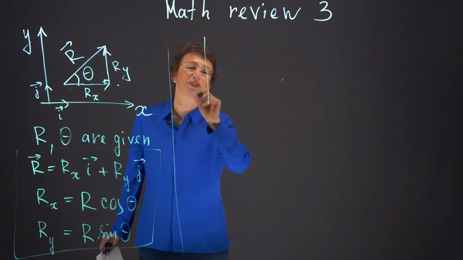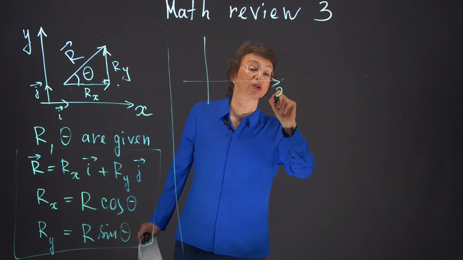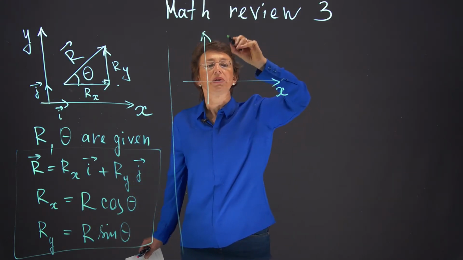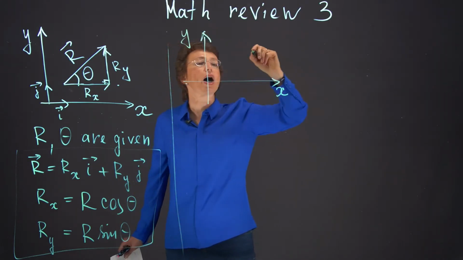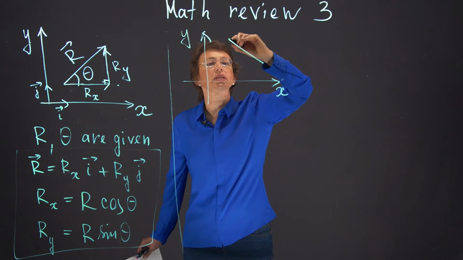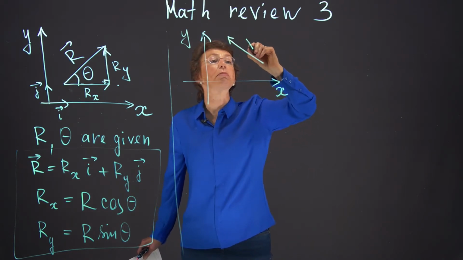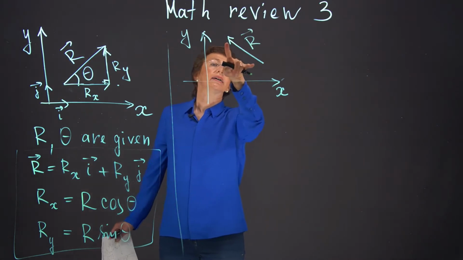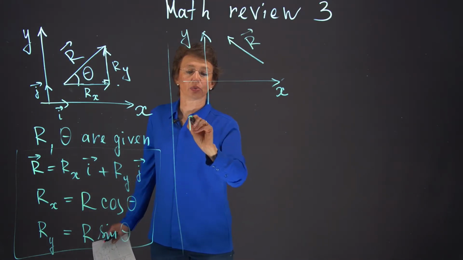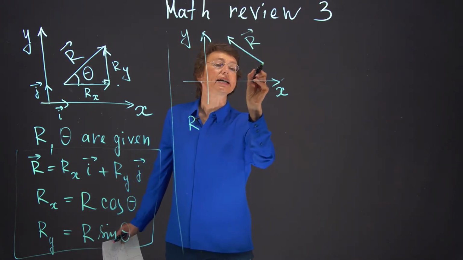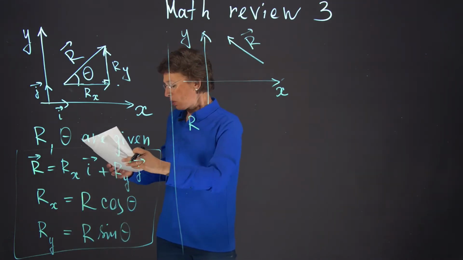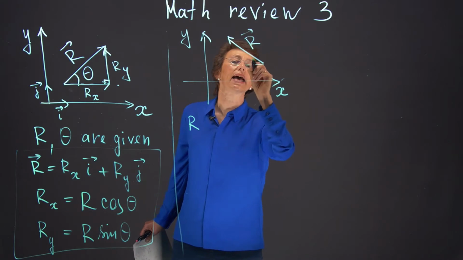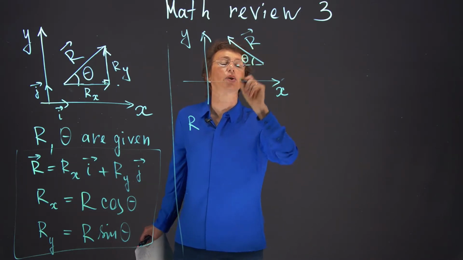And I want you now to pause this video and to solve the next problem on your own. So this is X, this is Y. In this case, this will be my vector R. And again, I give you the length of this vector, which is R. And it has angle theta with horizontal.